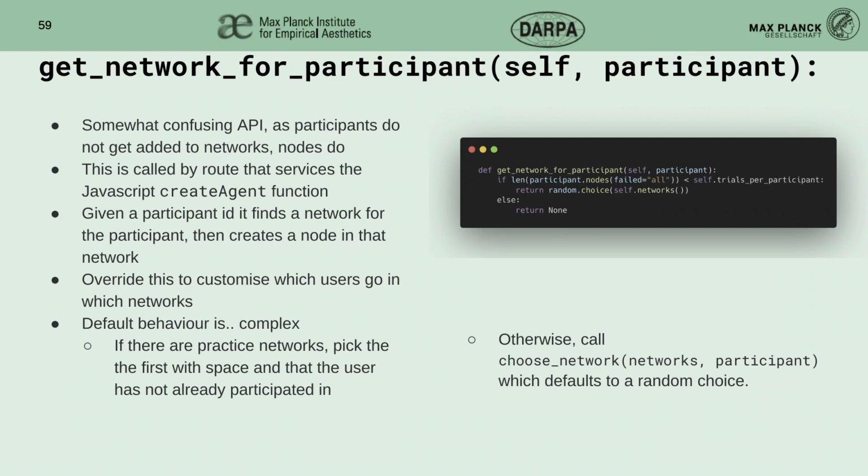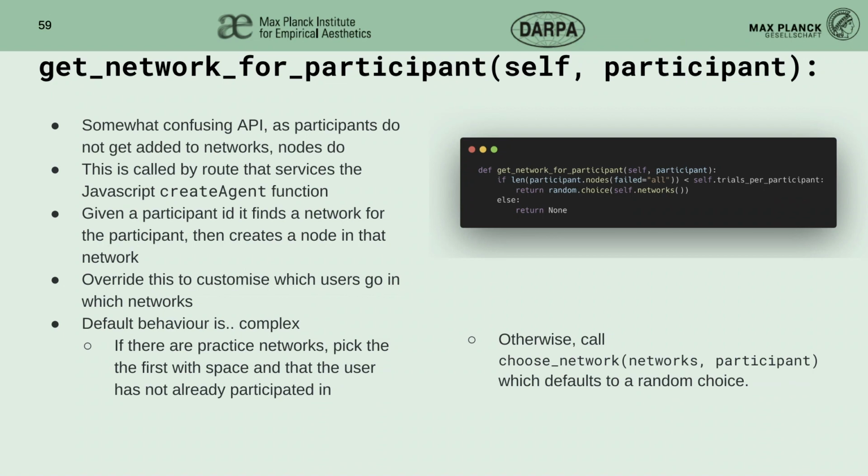So if there's only one network, it will just be that network, assuming you want that participant to be in it. If there's more than one network, which network do you want that user to look at next? So this is, given a user, do I want them to do anything else in the experiment? And if so, which of the networks available to me do I want them to take up a spot in?